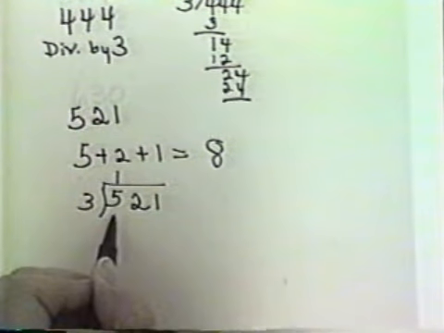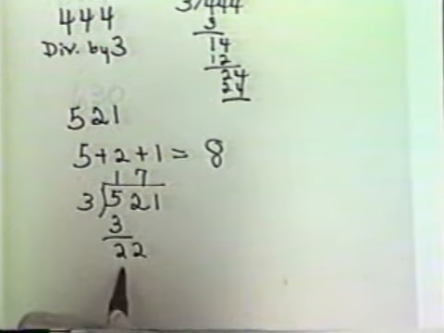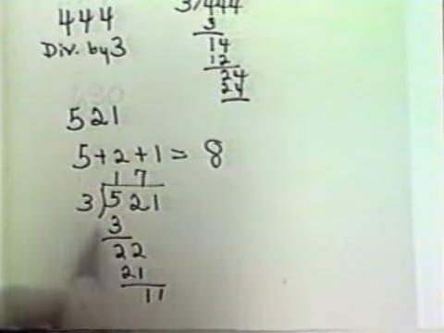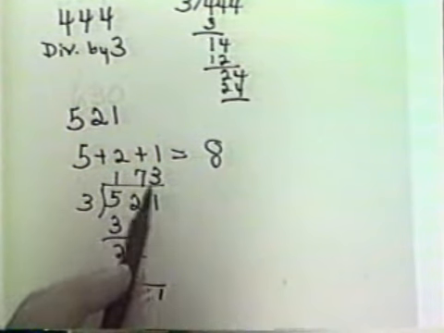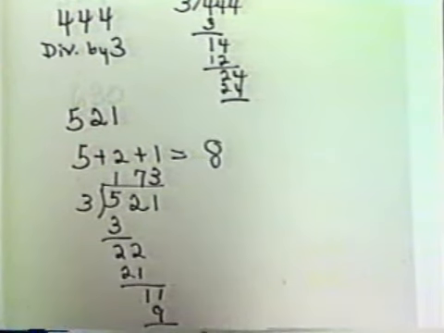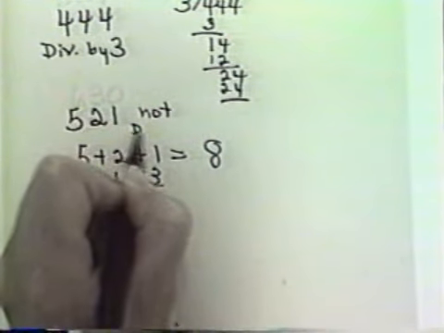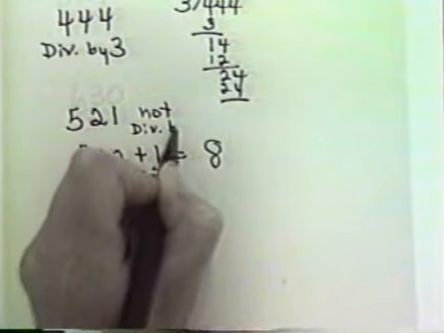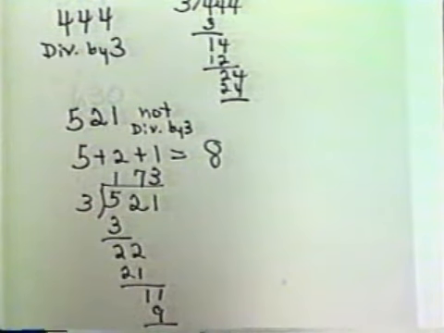3 goes into 5 1 time. 3 goes into 22 7 times. 3 goes into 21 3 times. 3 goes into 11 3 times. 3 times 3 is 9. And you see we have a remainder. So the 521 was not divisible by 3, because the sum of its digits was not divisible by 3.